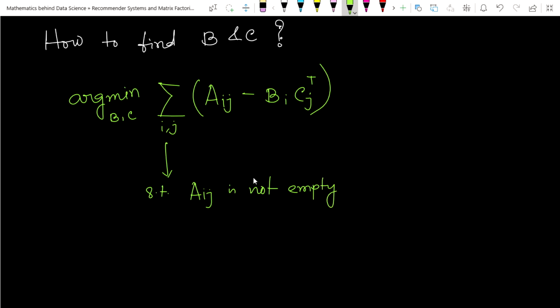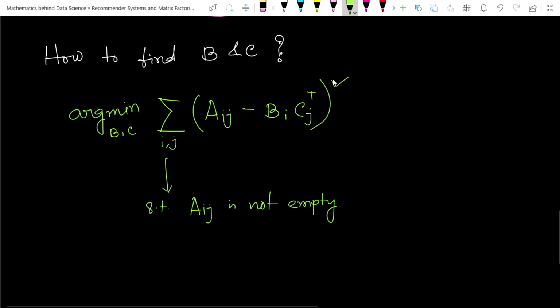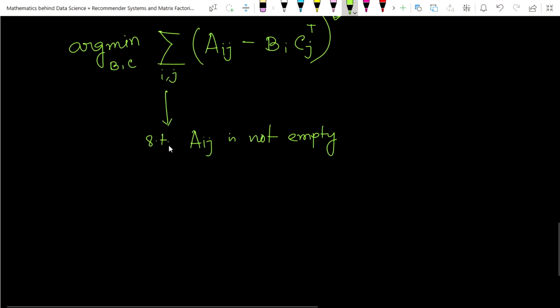That is the constraint we have to use. Also, it must be a squared value: you find the difference and square it.